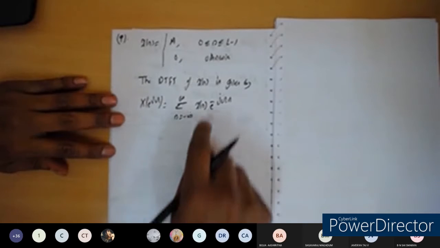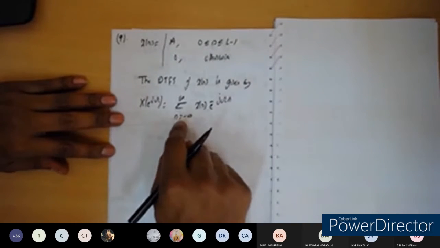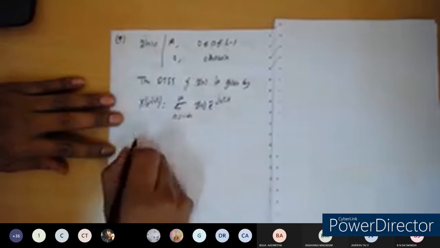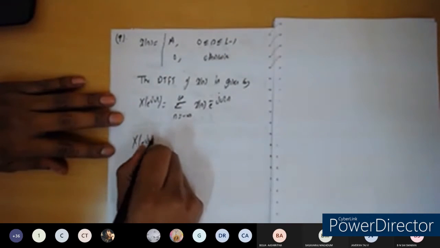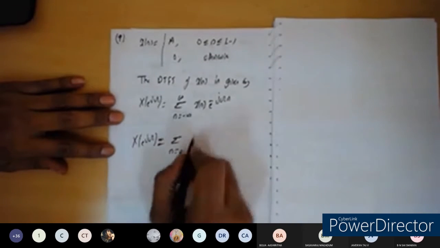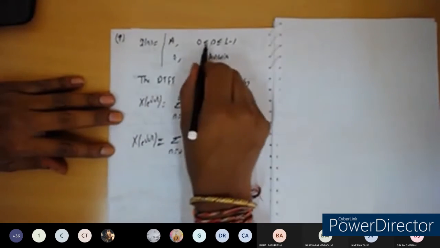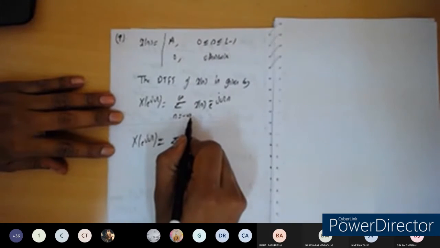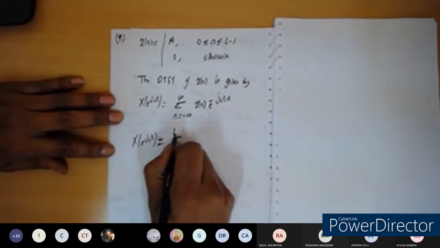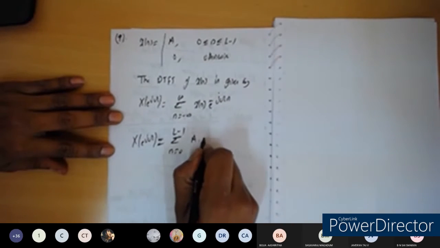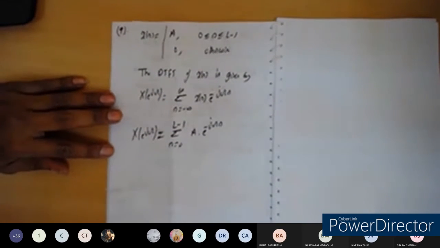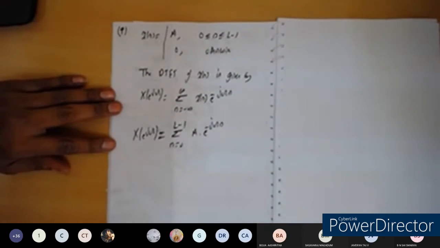Now let us substitute x of n by changing the limits of n to 0 to L minus 1. The limits of the summation change to 0 to L minus 1, because x of n is equal to a from 0 to L minus 1, so we reflect the same in the limits, and replace x of n with a. So it is the summation from 0 to L minus 1 of a into e to the power of minus j omega n.